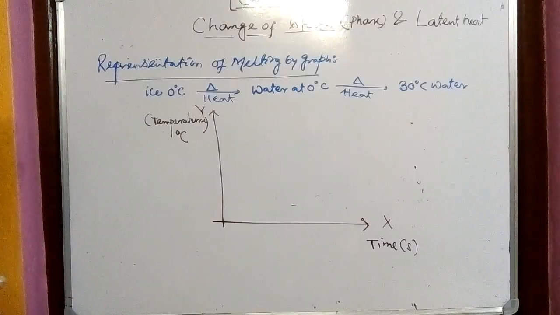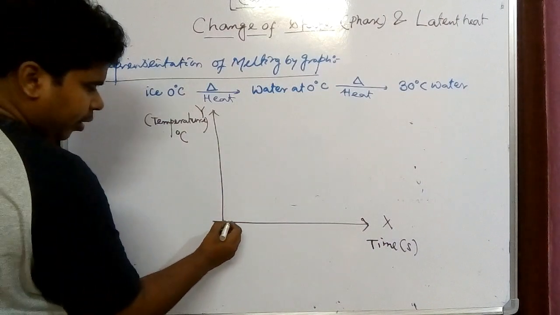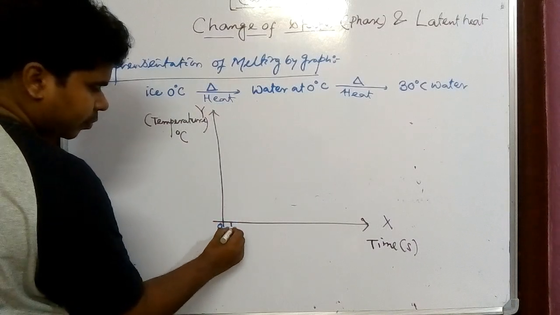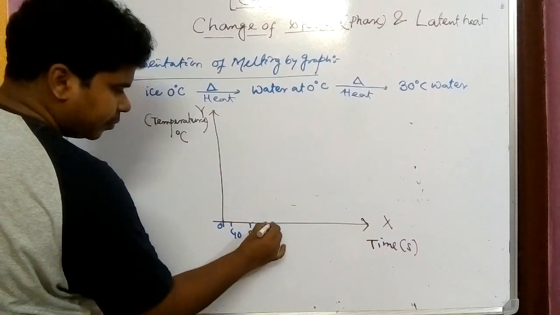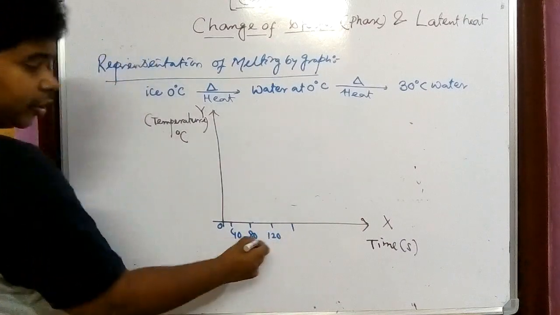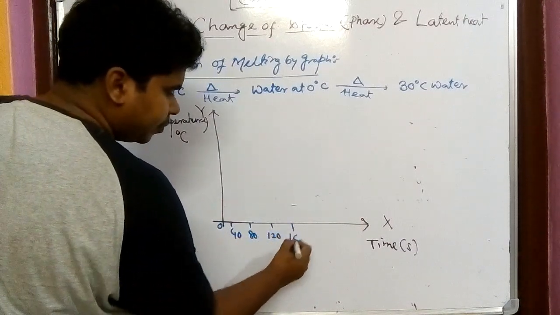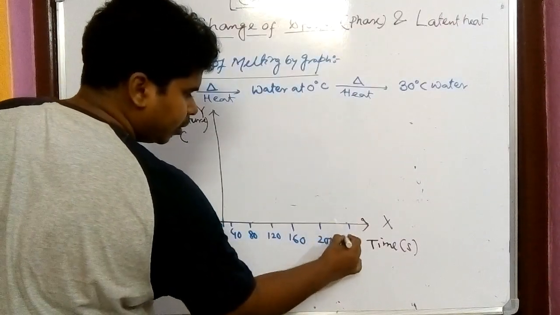Now I am giving the scale. Let's see what scales we have to take. Assume it is 0, 40, 80, 120, 160, 200, and then 240 seconds.